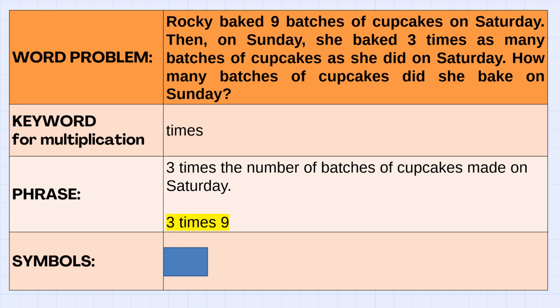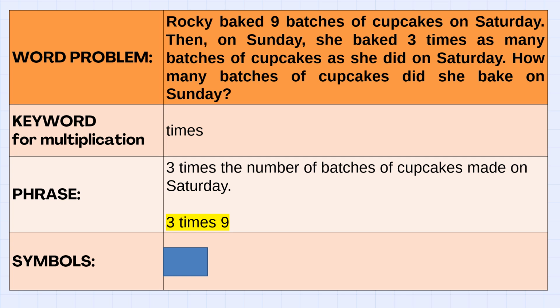Note that we are asked to find the number of batches of cupcakes Rocky baked on Sunday. The number of batches of cupcakes is 3 times as many batches of cupcakes as she did on Saturday.